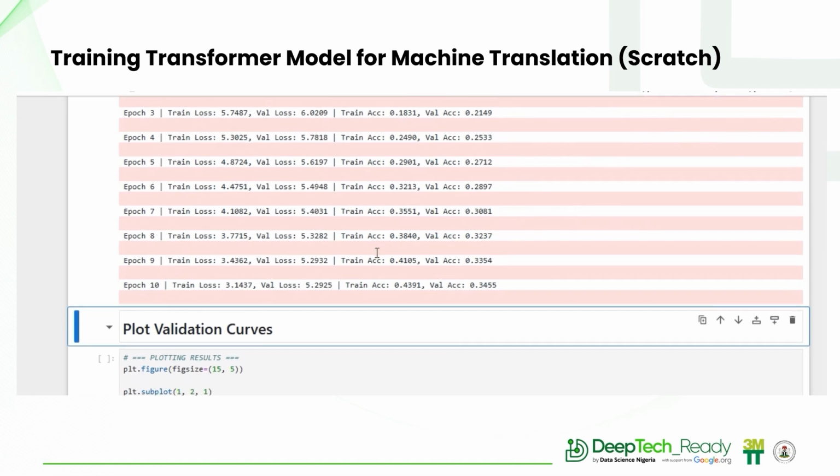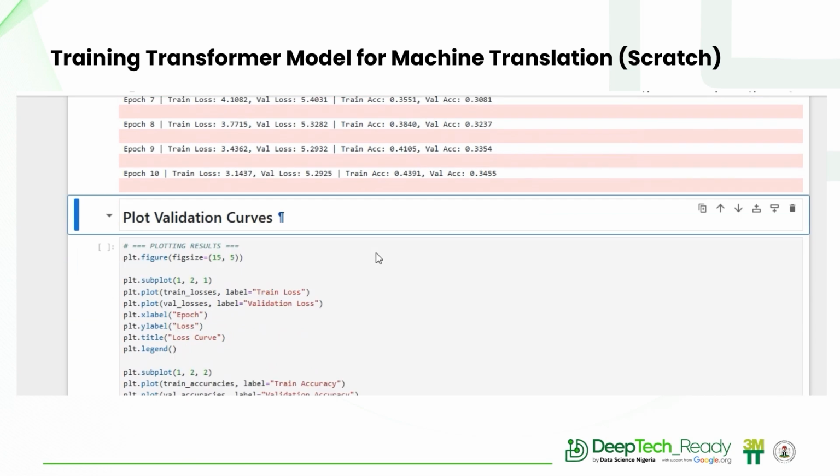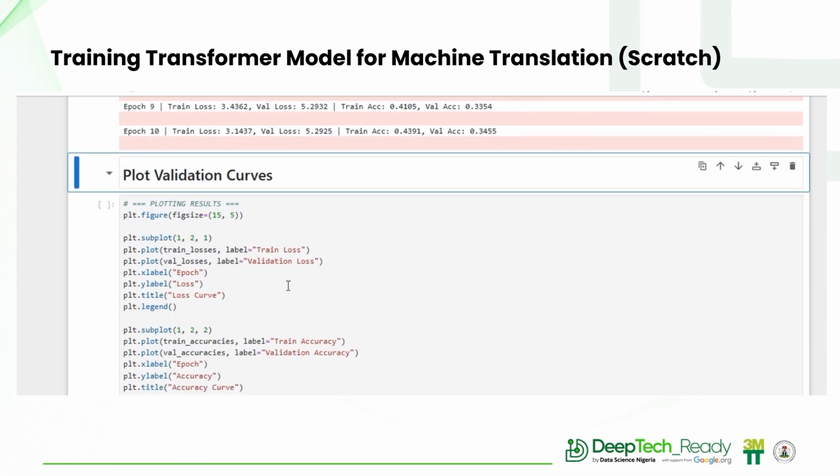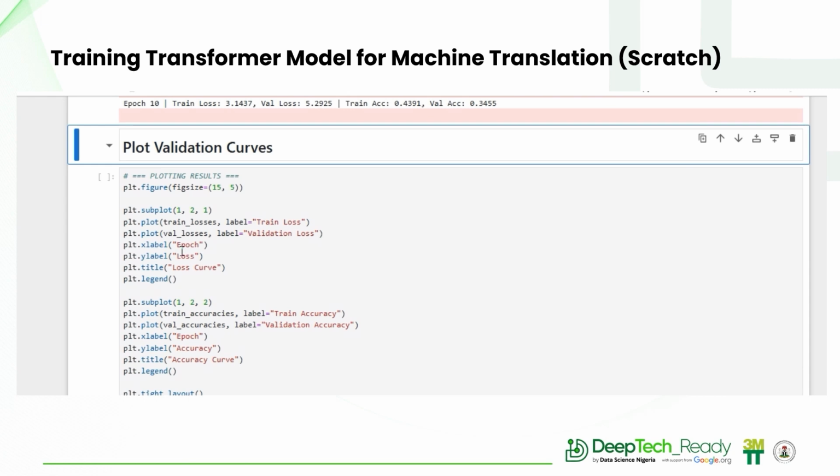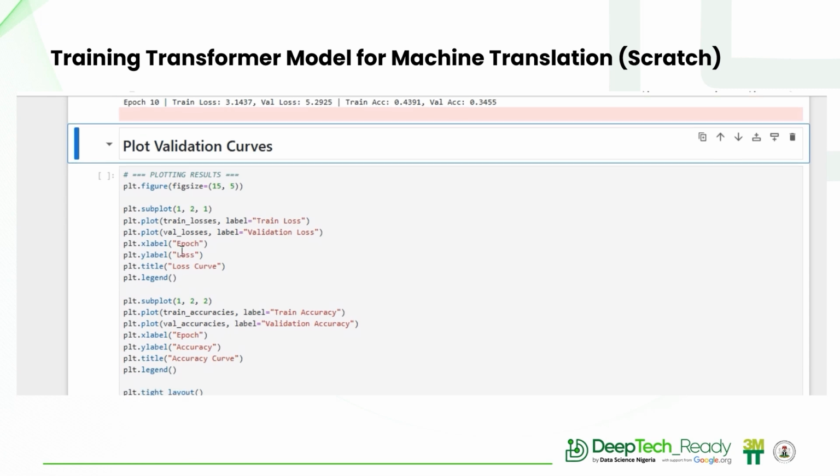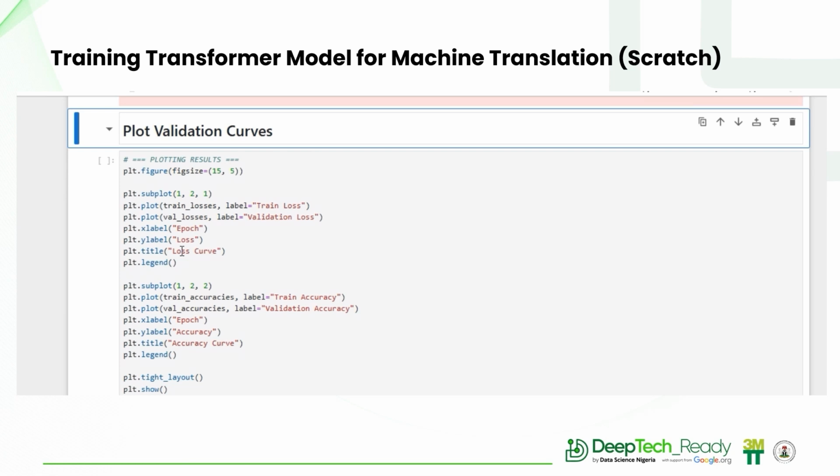Although this is not so prominent when you're doing translation models, just for completeness' sake, I said let me add the learning curves just for us to see the progression as the model is being trained from one epoch to another.